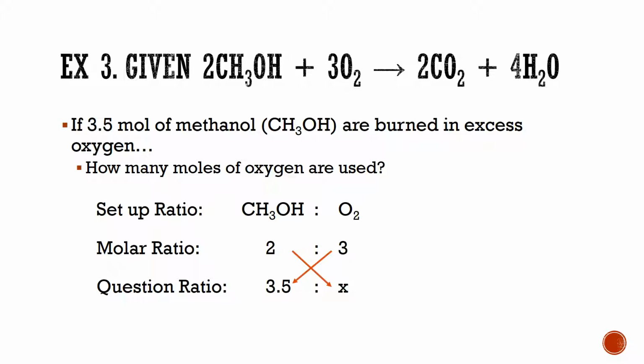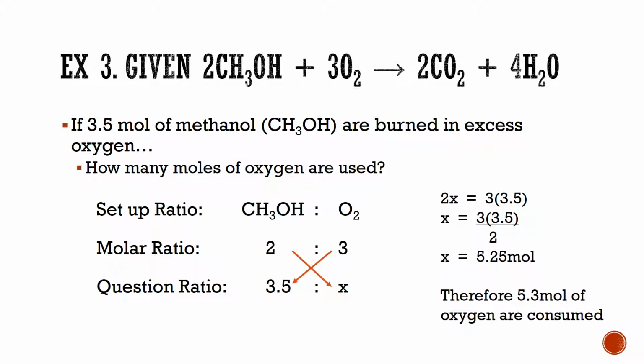If I set that up, I would end up with an equation like this: 2x equals 3 times 3.5. Therefore, X equals 5.25 moles. Remember, significant figures still need to be followed for this. Because I started with 2 sig digs, my 3.5 moles, my final answer will be given as 5.3 moles of oxygen being consumed in this reaction.